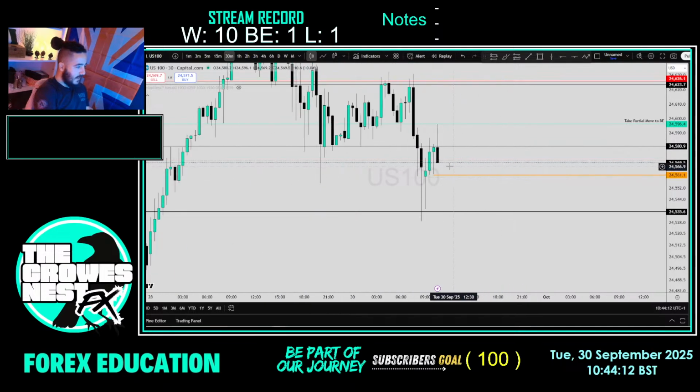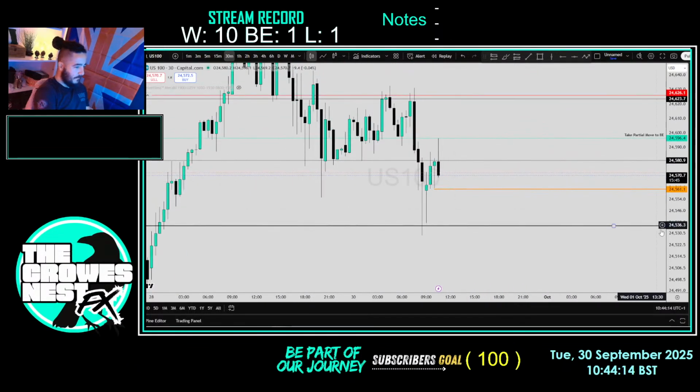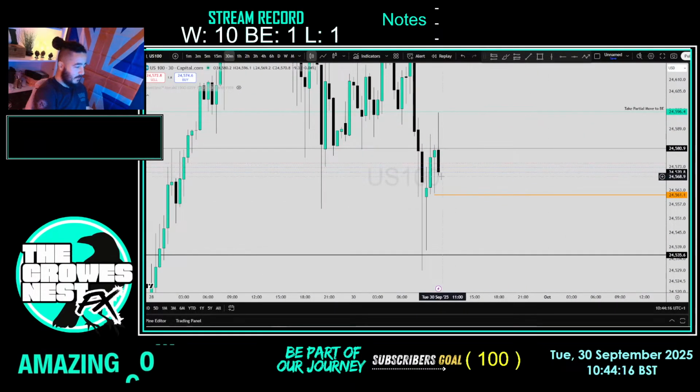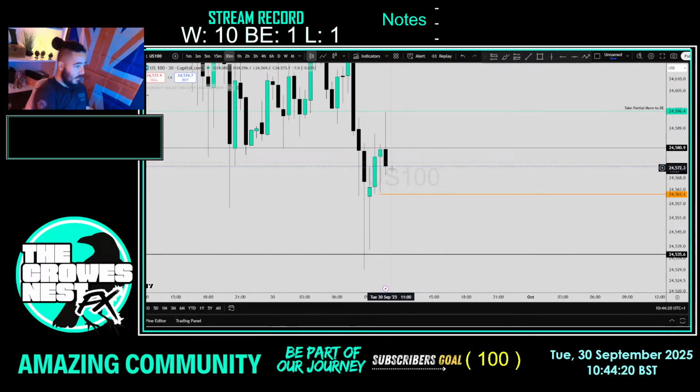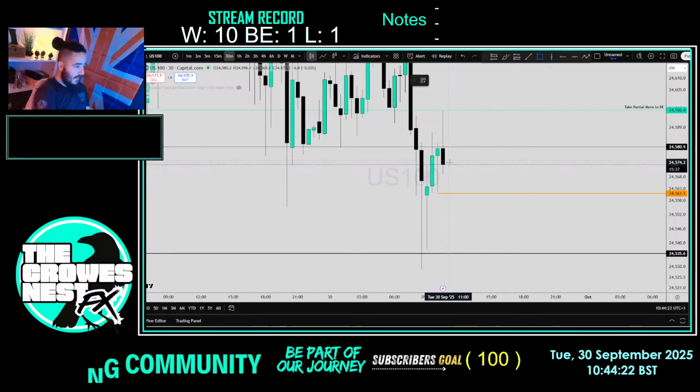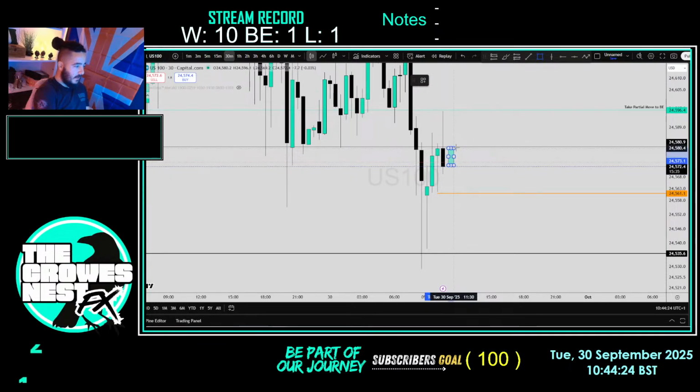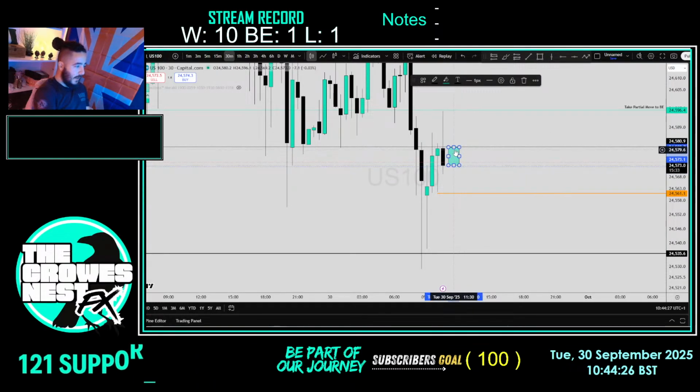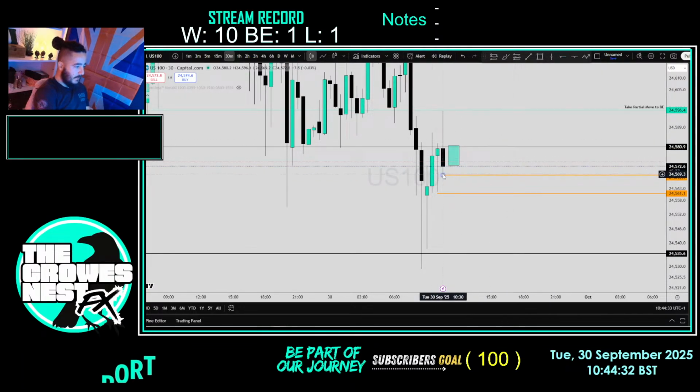So if this 30 doesn't break a low, but it might do, because it's still another 15-minute candle. This 30 can close like this, and then I get a top wick, tap previous support, without breaking the lows. I'll then have a sell stop underneath the wick of the previous candle.